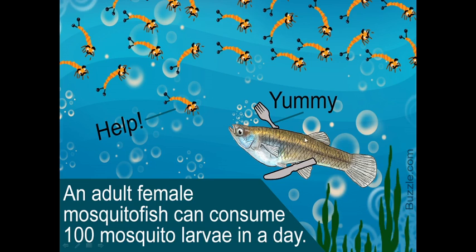You can see here the fish is hungry. When that fish eats the larva, it says yummy. Like that, we can put some kinds of fish in the collected water, then the fish eat the larva, and we can avoid the diseases spread by mosquitoes.